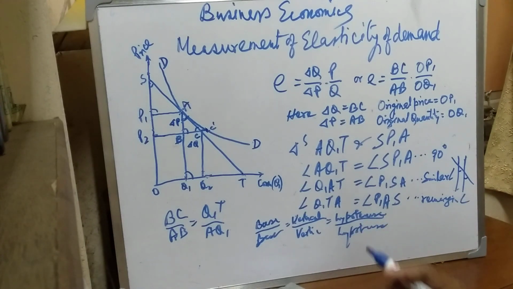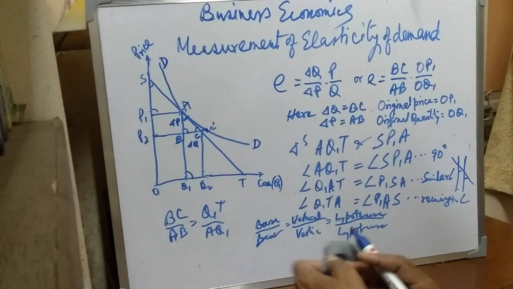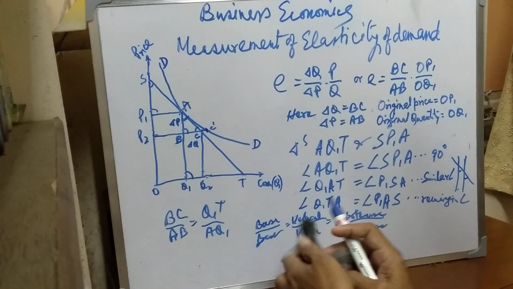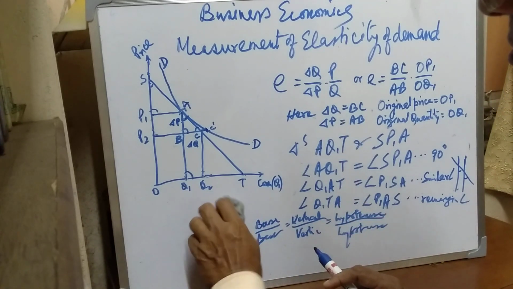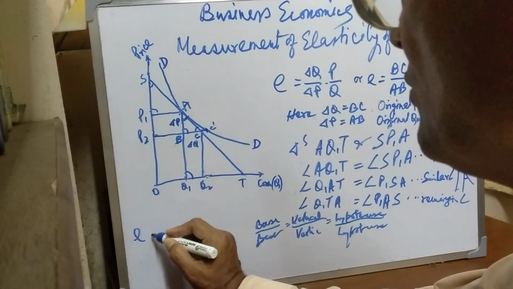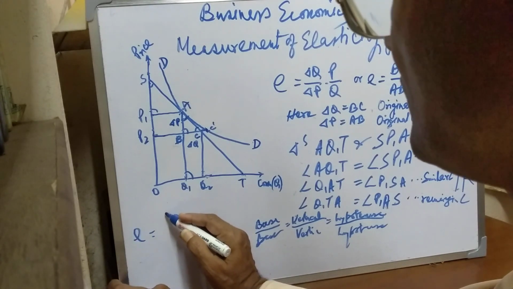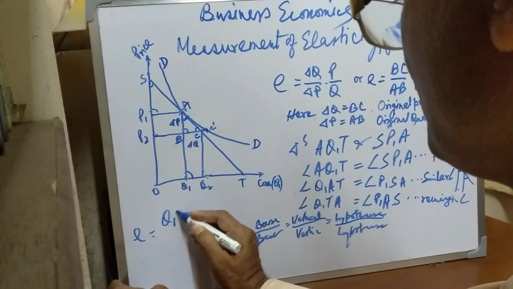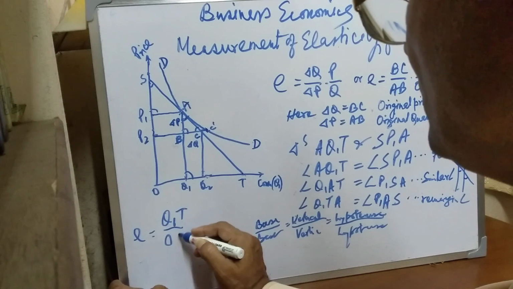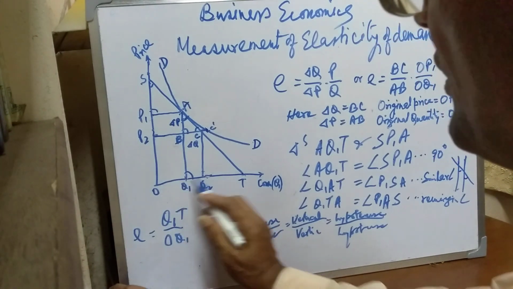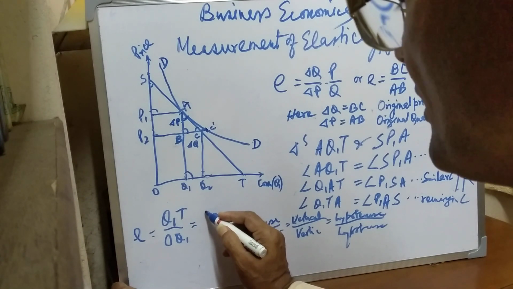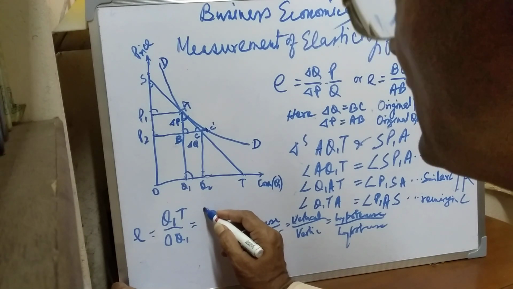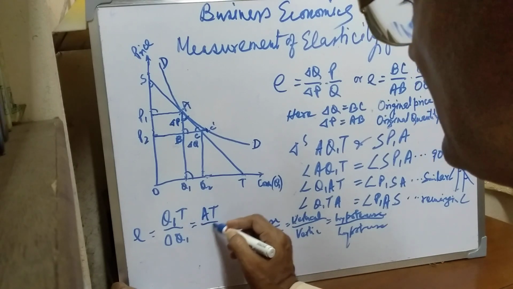So from that point of view, the formula will be such that Q1T by OQ1 equals AT by AS.